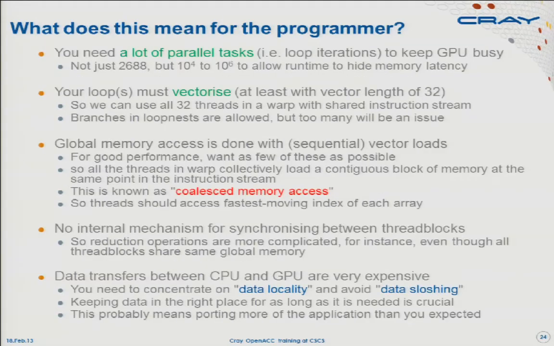So what does this mean if you want to get good performance from a GPU? You need a lot of parallel tasks, loop iterations, elements to your array to keep the GPU busy. Not just 1,000, a couple of thousands, because there's that many cores on the GPU. You need many, many more than that, because the GPU works best when it's swapping things in and out dynamically to hide all of the delays in what it's doing.